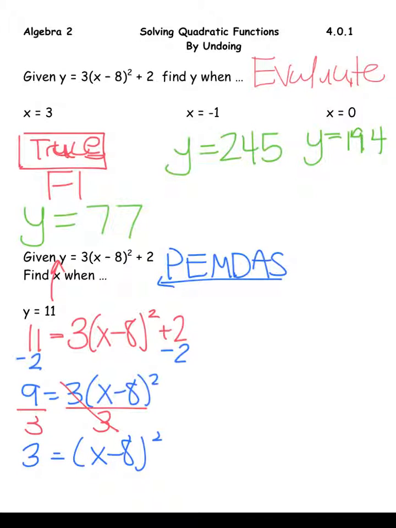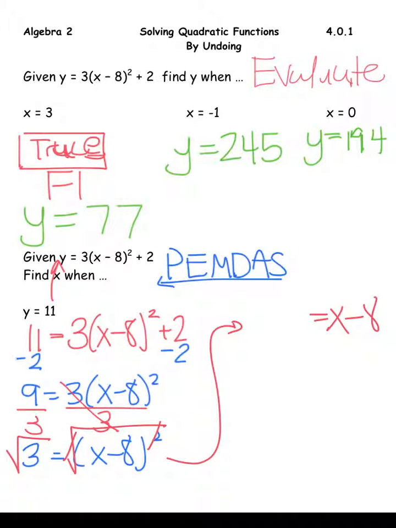So now we're going to undo the E for exponent. To undo a square, we square root. Square and square root cancel each other off. And so we'll have x minus 8 equals the square root of 3.